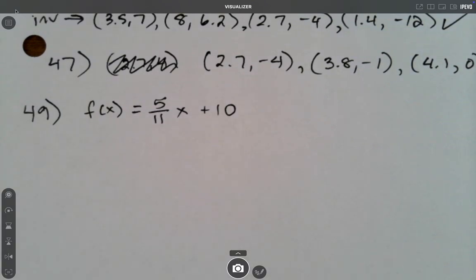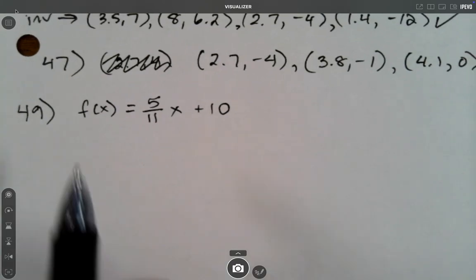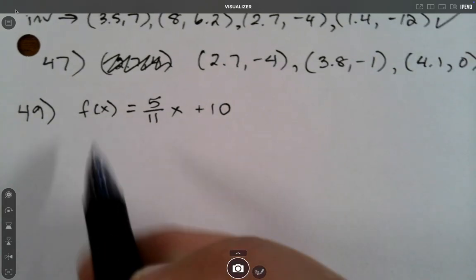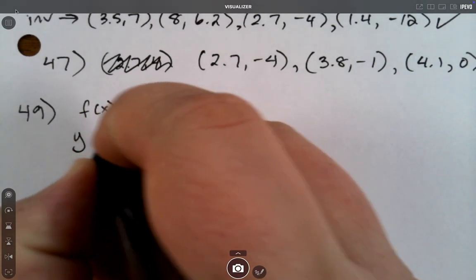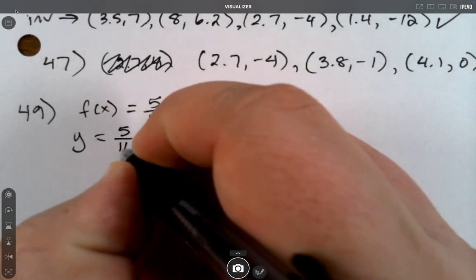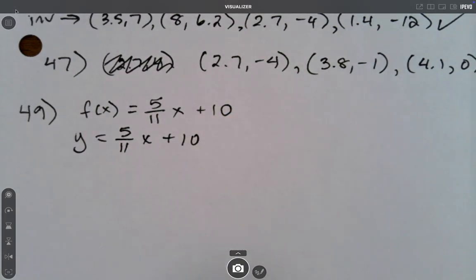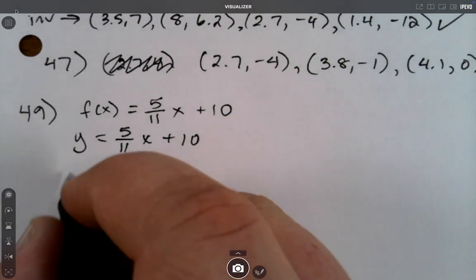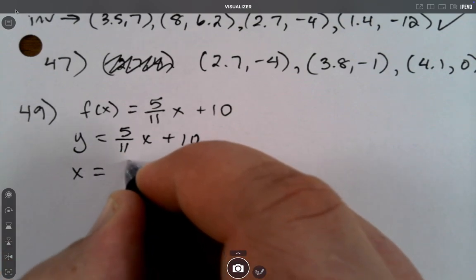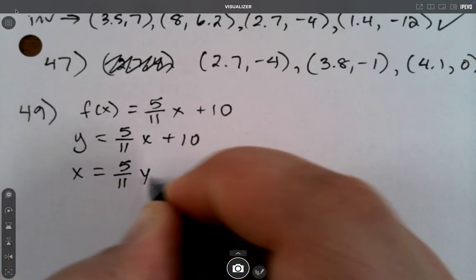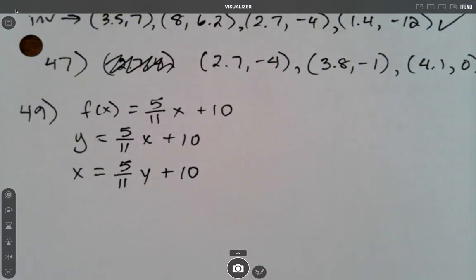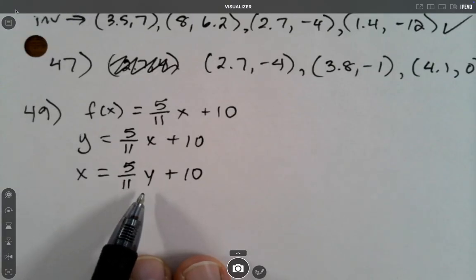Okay, so on 49, we're going to find the inverse of an equation. So there's specific steps we take for this. First step is if they write in f of x, we change it to a y. The second step is we swap the x and the y. And the last thing we have to do is get y by itself.